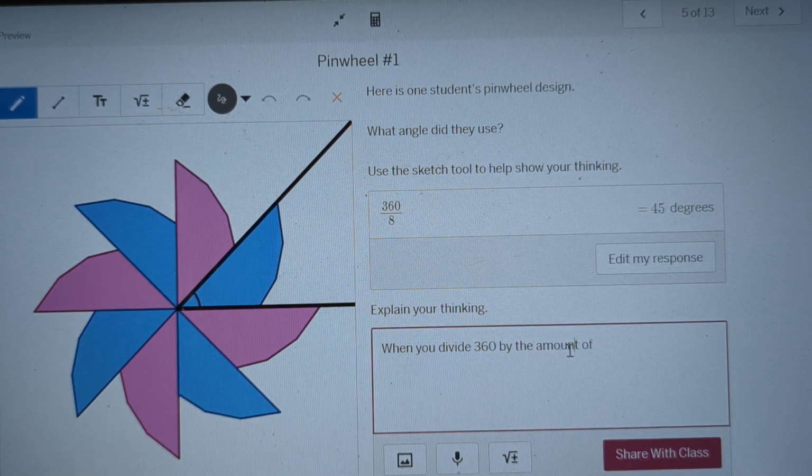When you divide 360 by the amount of leaves on the pinwheel, you'll get your angle. You may write that down. Look at the transcripts to see what I said. Okay, let's move on.